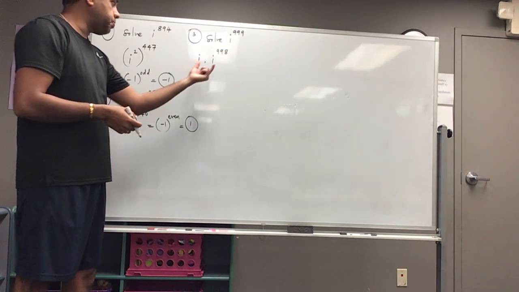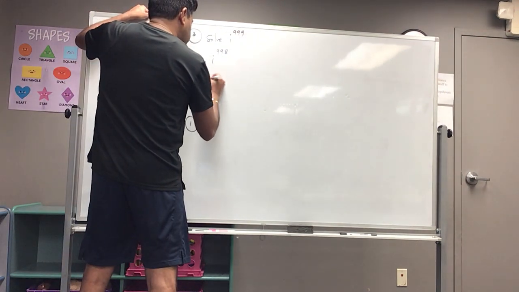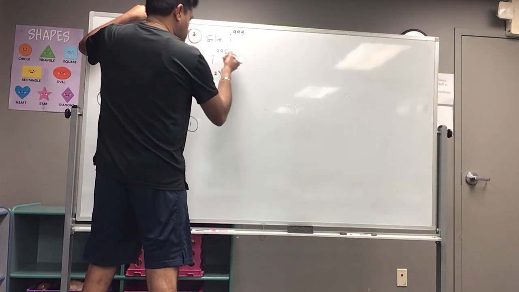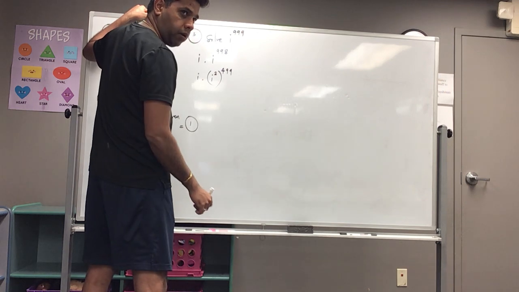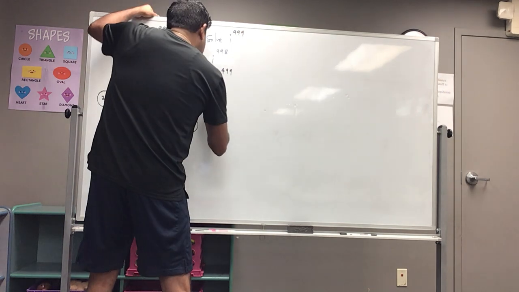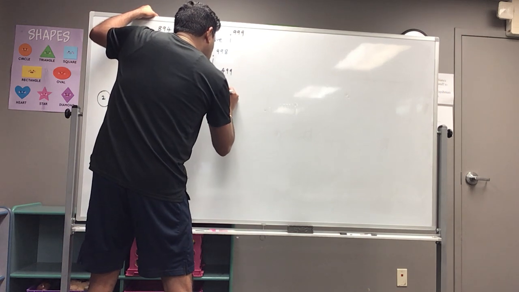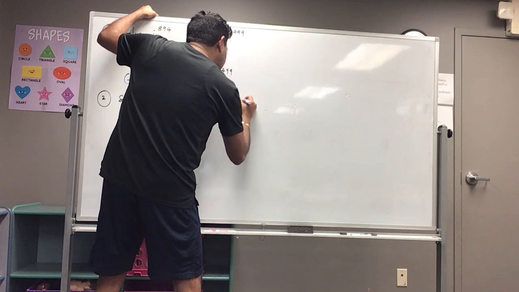Okay? Now it's back to this particular problem with i stands by itself. So i times i squared, what's this, 499? Right? Am I right? Yeah. Right? So i times negative 1 raised to odd is negative 1 times i is negative i.